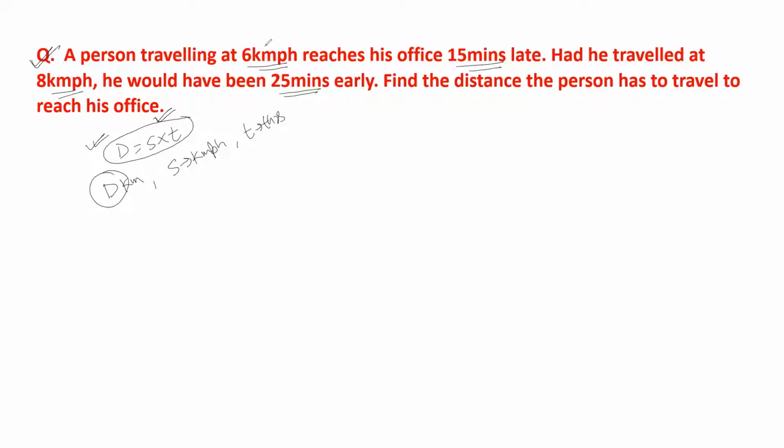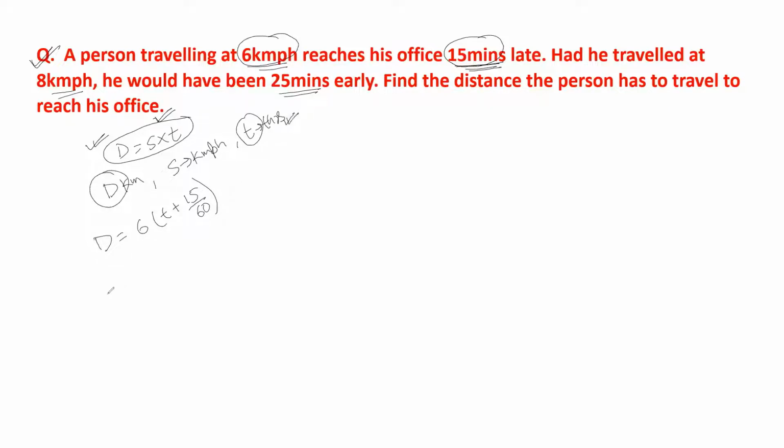In the first case, when the person was traveling at 6 kmph, he reaches his office 15 minutes late. So the distance would be d, the speed would be 6, and the time taken would be t plus 15 upon 60, since he is reaching 15 minutes late. Since this 15 was in minutes, I've converted it into hours since I've taken t to be in hours.